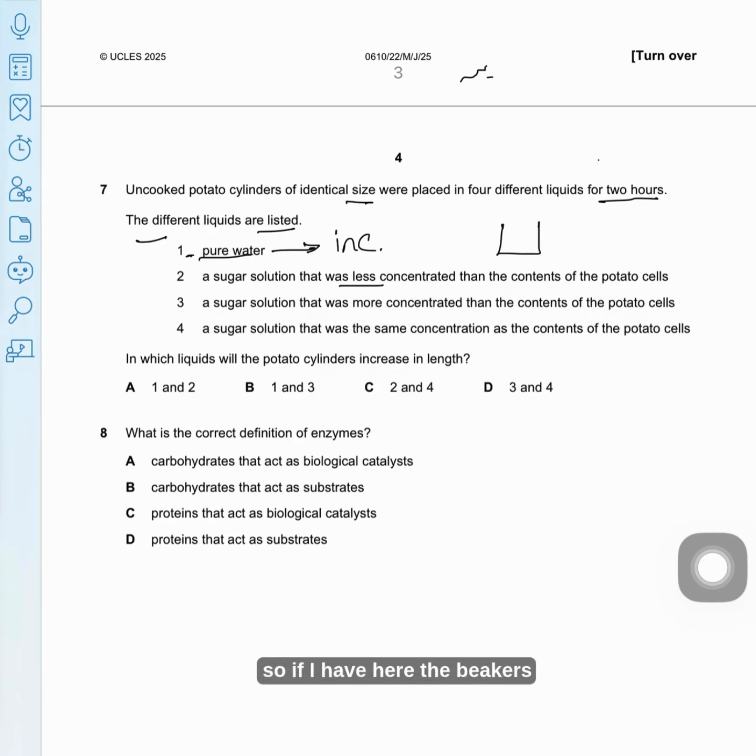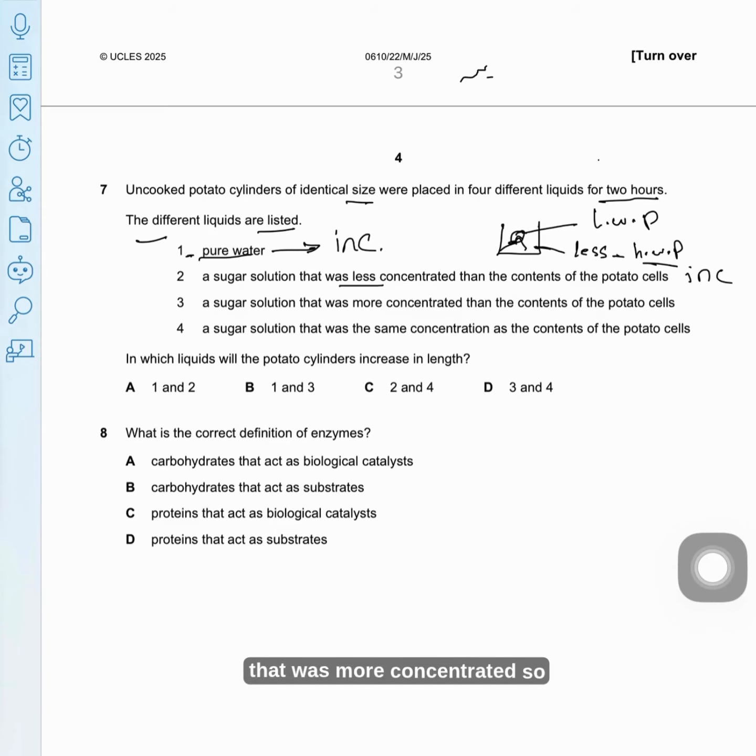If I have the beaker here and the potato, the solution is less concentrated in sugar, so it has high water potential, and the potato has low water potential, so the water will diffuse into the potato. So here also the size of the potato will increase.